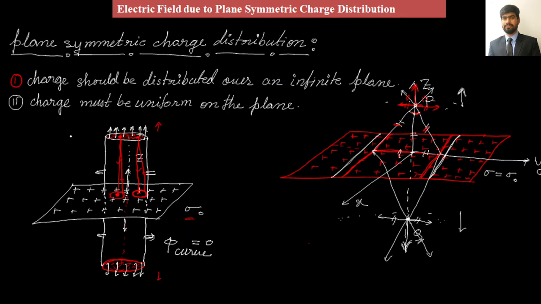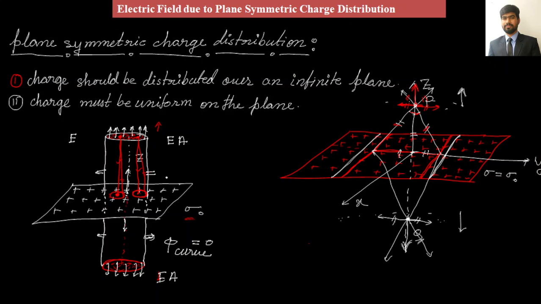And if we say that the electric field is E, then the flux through this surface, since the magnitude of the electric field is constant everywhere and it is in the upward direction, and the direction of the area vector is also upward, it is a uniform electric field over this loop, and this is a plane surface, so the flux through the top surface will be E into A. In a similar way, the flux through the bottom surface will be E into A, and the flux through the curved surface will be 0.